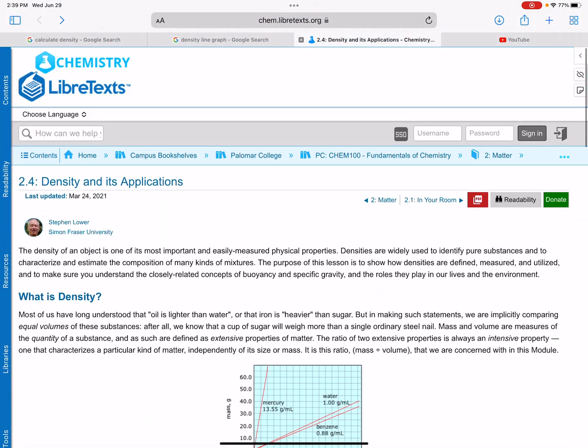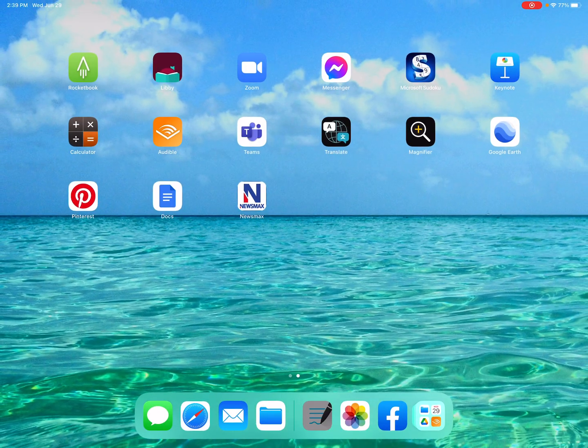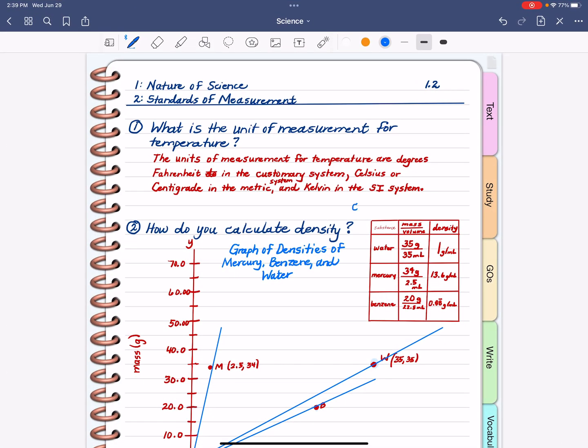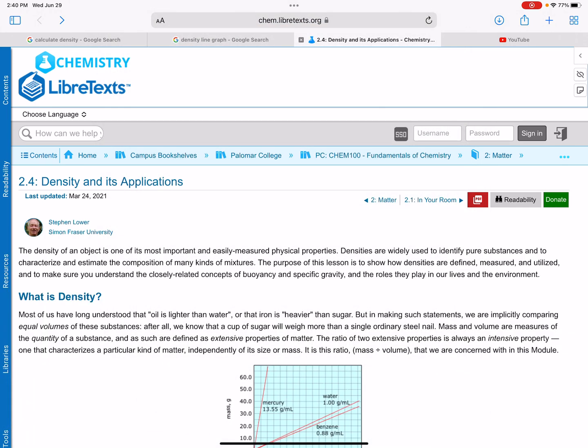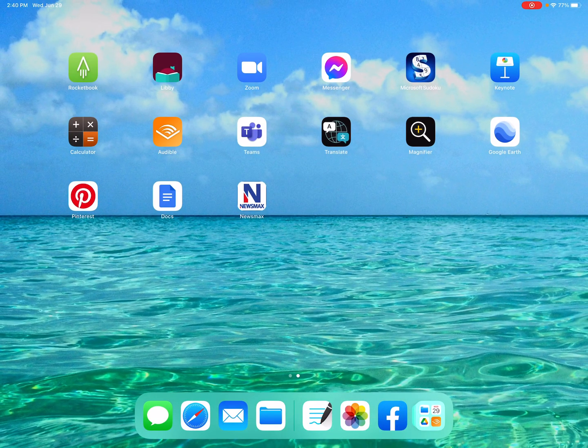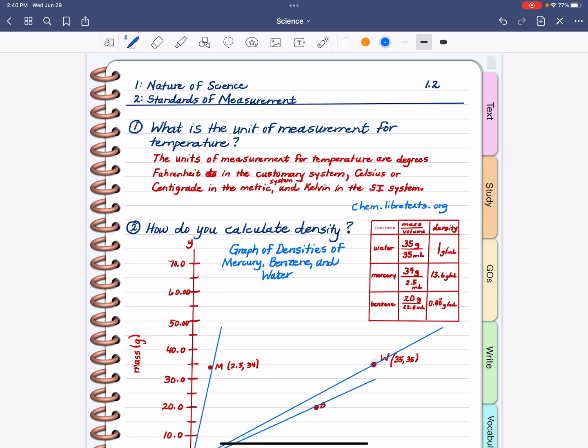Again, it's called chem.libretext.org. I'll write that down for you. So that's the website if you want to read more about this particular graph. It's very complicated to read. So if you don't enjoy this type of reading, I would not recommend it. But it's a good thing to read if you want some challenging reading.